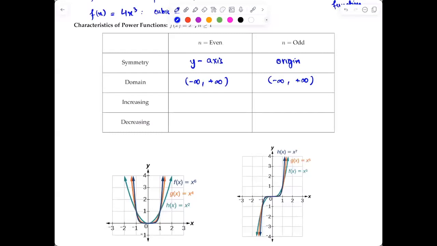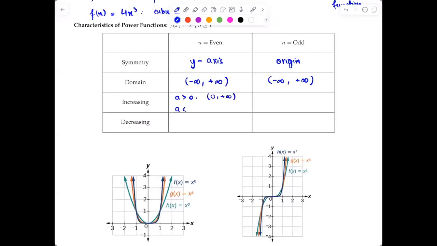So for increasing and decreasing, right? Now, the interval of increasing and the interval of decreasing depend on the leading coefficient. In the case of a positive, which you see in the first graph, the increasing part is from 0 to positive infinity.